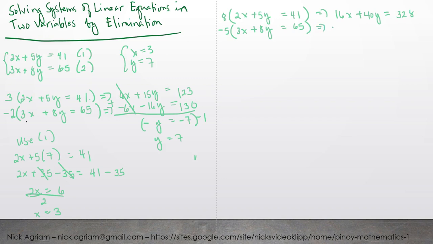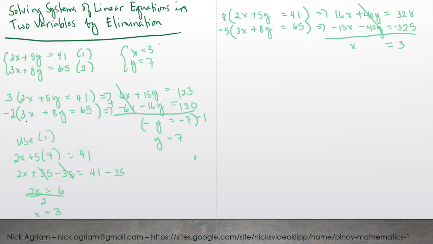The next one, we have negative 15x minus 40y is equal to negative 325. If I add that now, y is 0, 40y minus 40y is 0, and we have x is equal to 3. So we got the same answer. You can choose pure elimination, or just eliminate one variable, then do the substitution.